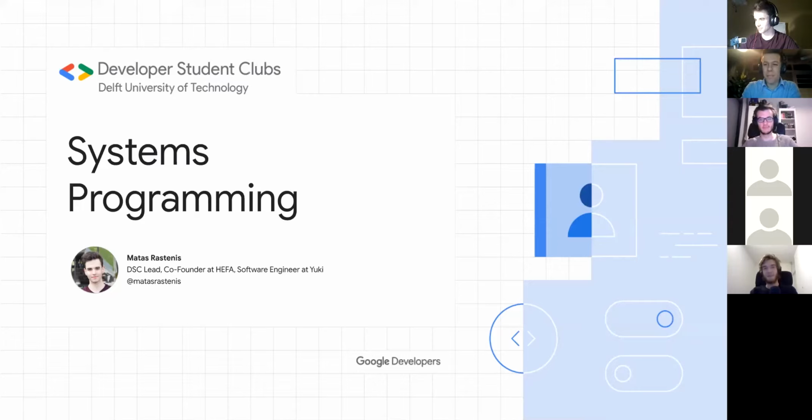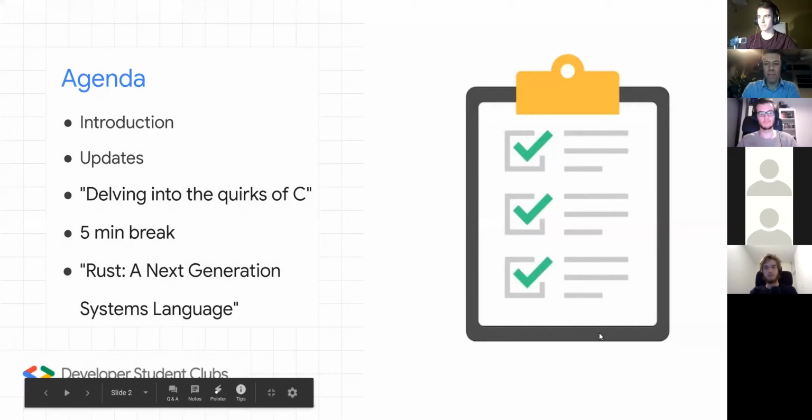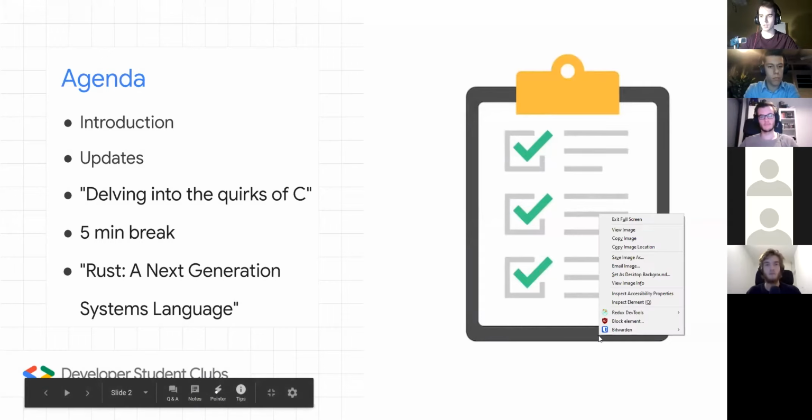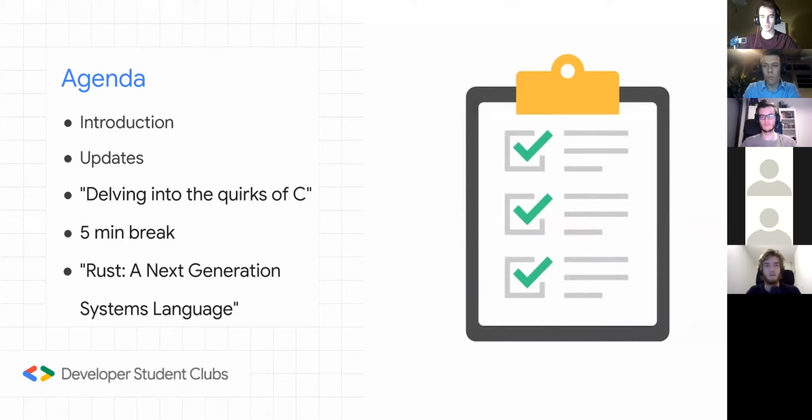All right. Let's get into the event now. So the agenda will consist of an introduction, which I've already done actually. Then I'm going to give you a few updates regarding the club, and a bit of information about upcoming events and also the solution challenge.